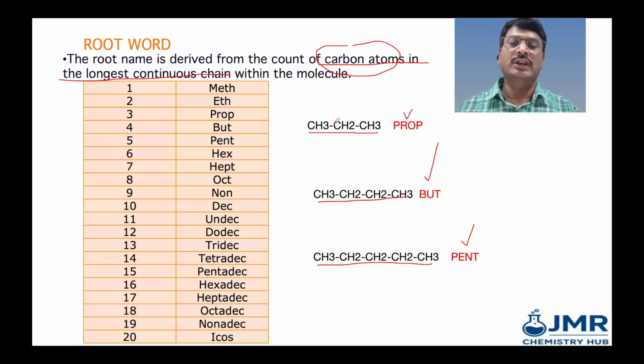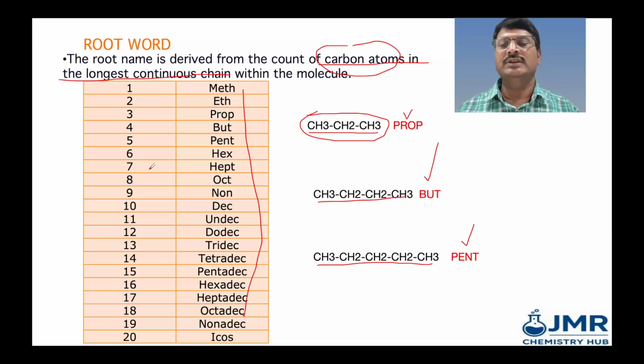It is not the total number of carbons present in the compound; it is the number of carbons present in the longest chain. Later we will discuss this. So just remember, the number of carbons present in the longest chain decides the root word name. These are the different root word names.